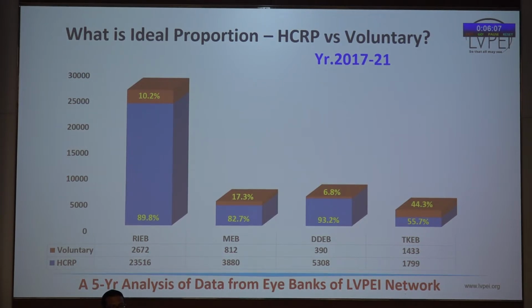So gradually, we should not be completely dependent on a hospital. We should have multiple sources. Similarly, voluntary should also increase. I did not calculate what the utilization is, but all of us know voluntary utilization is less. We should be more dependent on HCRP, but not 100% dependent on HCRP, because suddenly your collection will dip down, it will be affected.